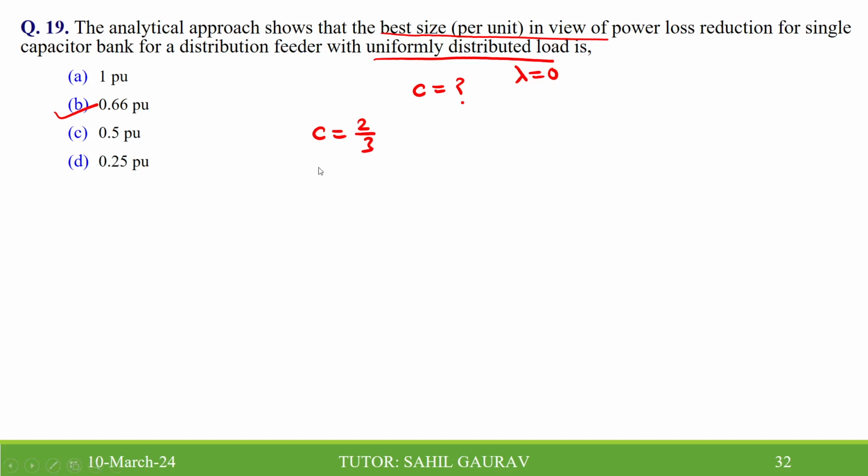So this is the best size in view of the power loss reduction for a single capacitor bank. So the correct answer is B. C is equal to 2/3 per unit, or 0.66 per unit.